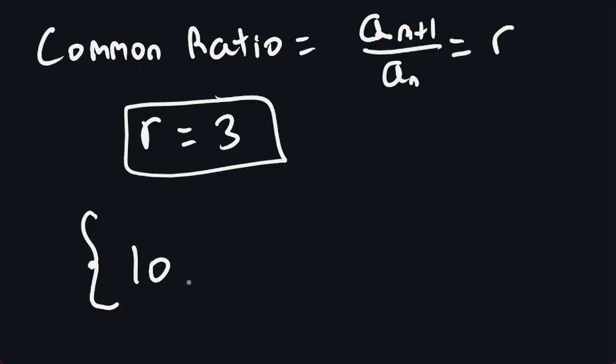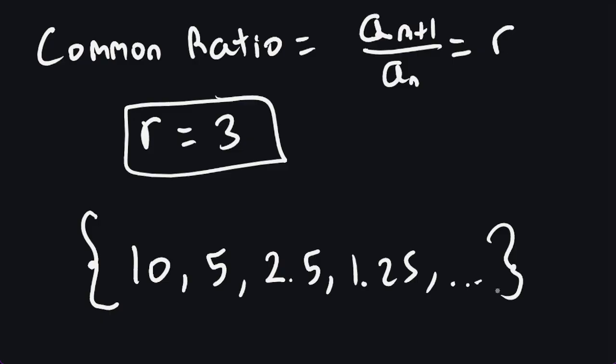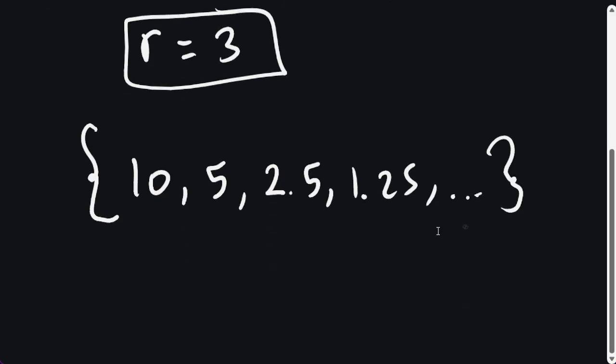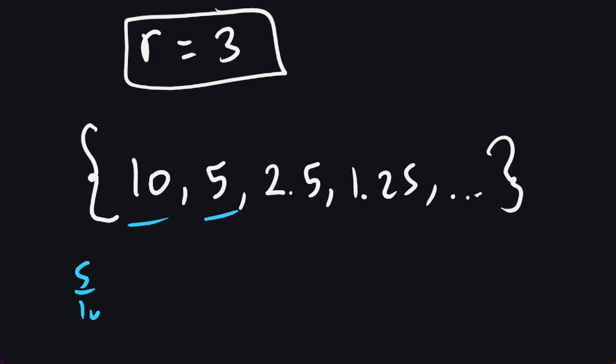Let's say we have 10, 5, 2.5, 1.25, ... What's the common ratio here? Well, if you know this is a geometric sequence, you can just take any two consecutive numbers and divide them. So let's do 5 divided by 10. 5 divided by 10 is a half, 0.5.